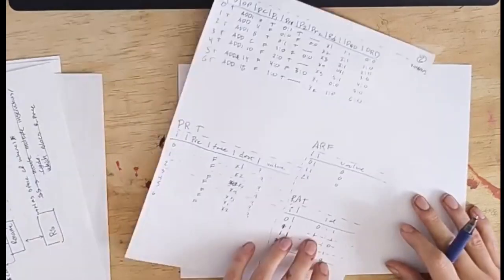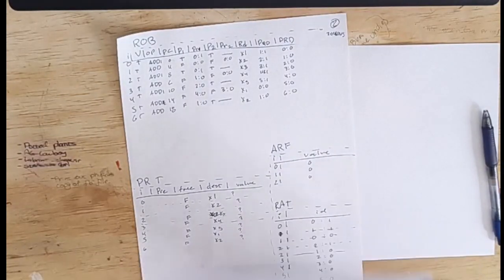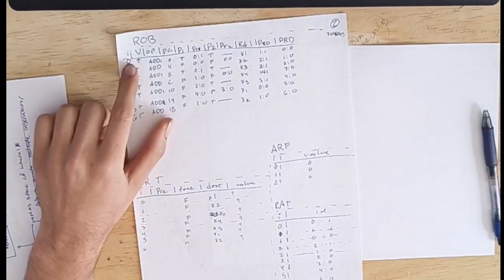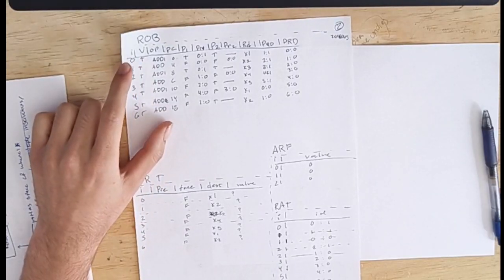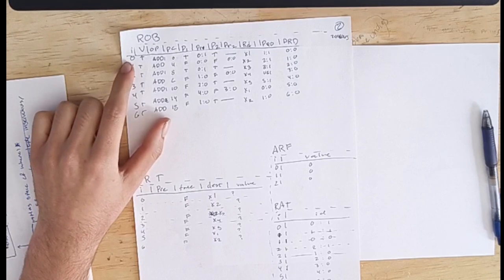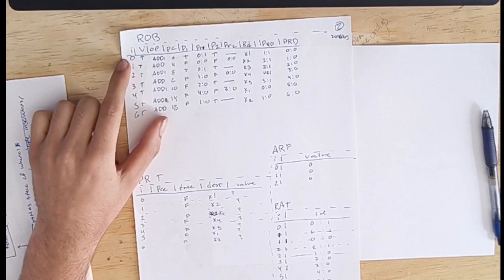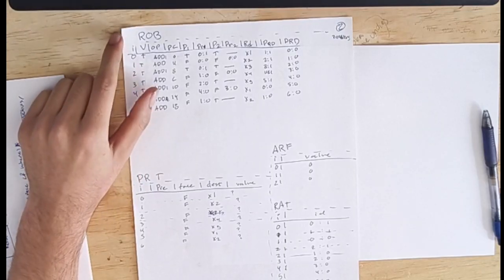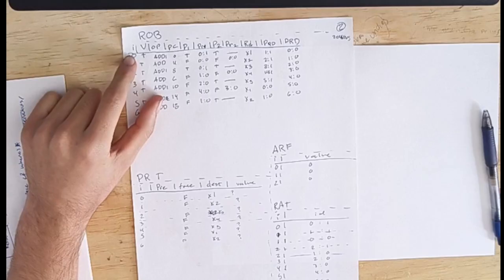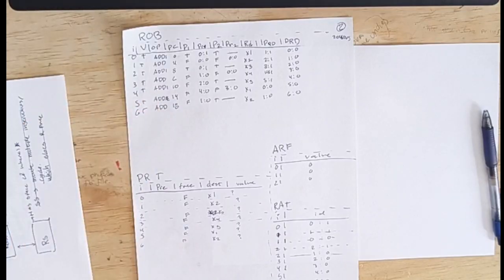So let's pull back up that nice table I made here. Right. So on commit, what's going to happen is we're going to look at the top of the ROB, right? I'm tired. Okay, we're going to look at the top of the ROB, and we're going to see if it's being executed, right?